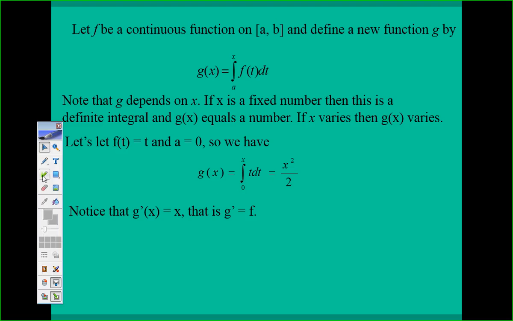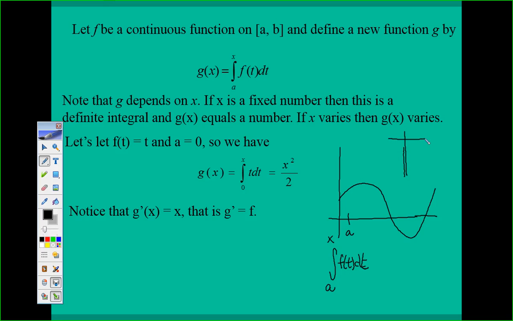So for instance, if I have a function and I'm looking at finding the area under the curve from a to x, let's say this is a here, now if we kept track of values of x here, a distance from a, so for instance, let's say we chose this value to plug in for x.